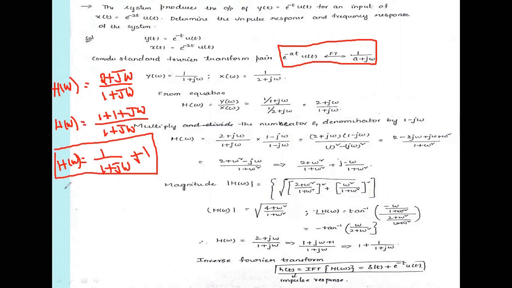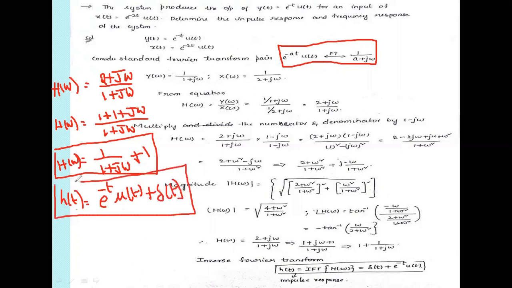Now convert this into the impulse response. The h of t for 1 by 1 plus j omega means e power minus t mu of t, and the plus 1 is a delta of t.